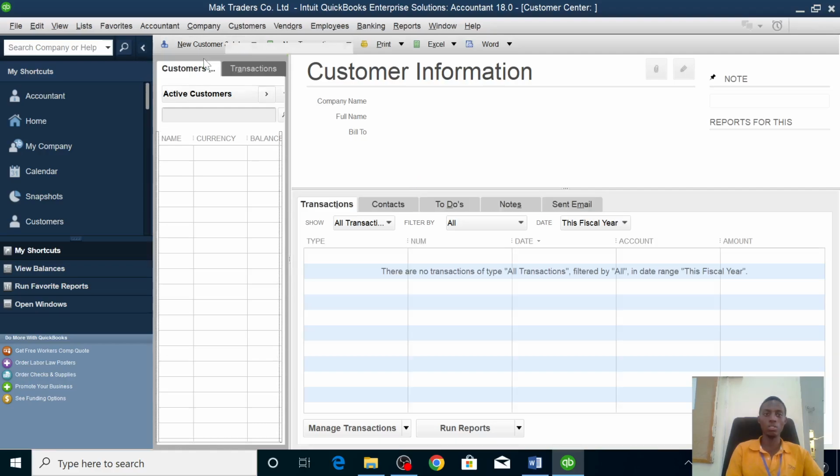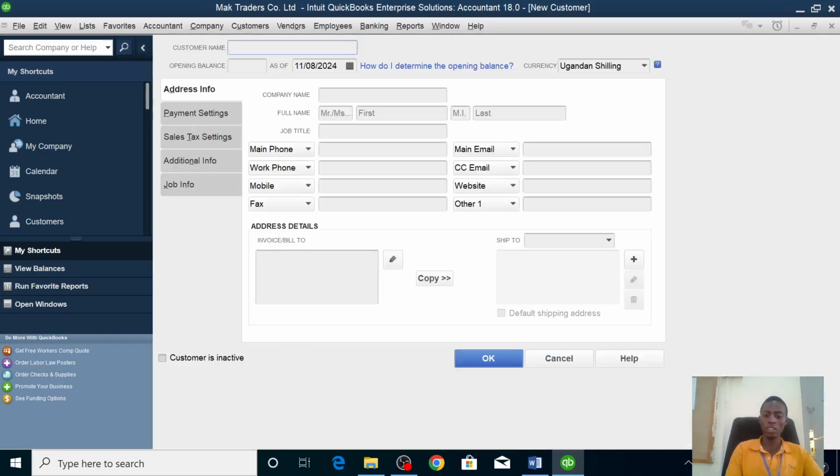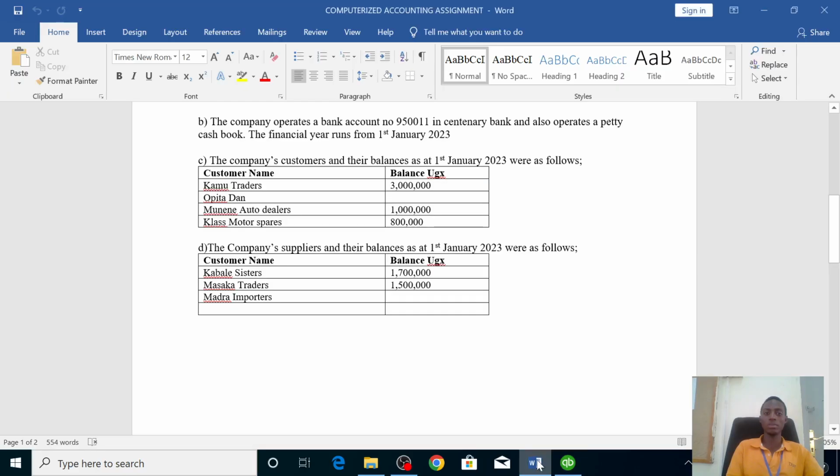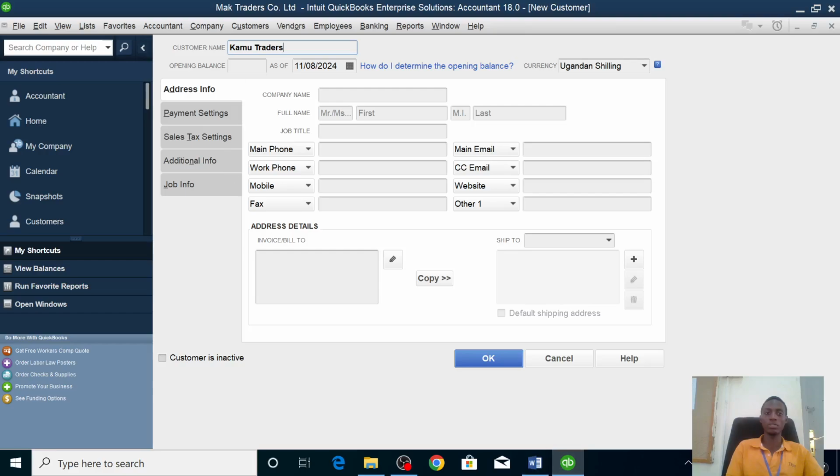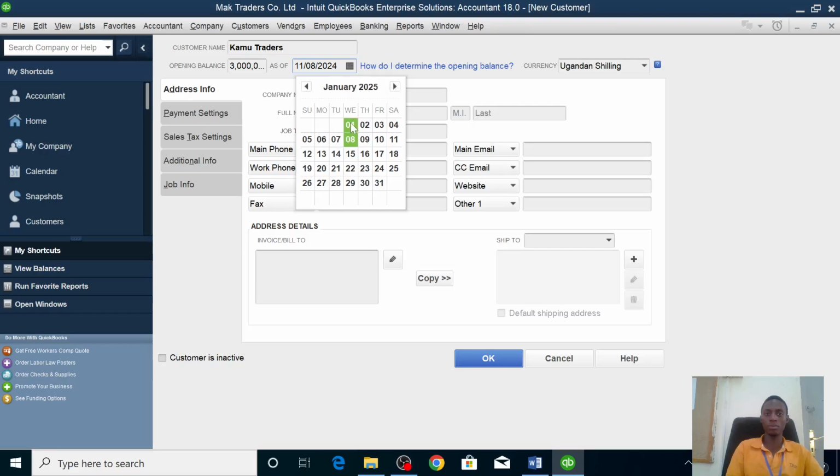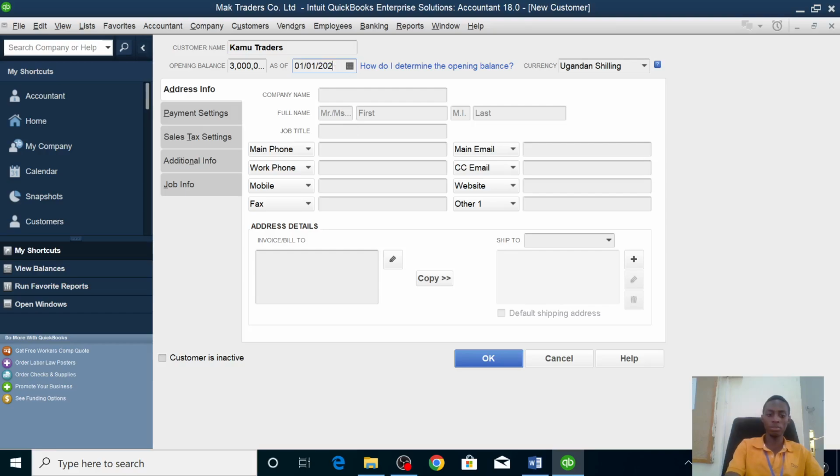Come here, add new, first customer, Kome Traders, opening balance of 3 million. Then update as of 1st January 2023.